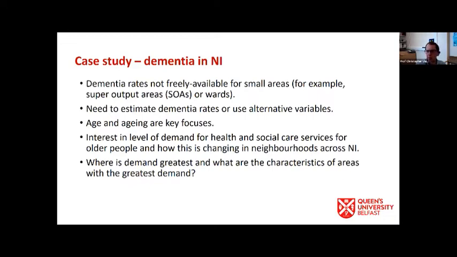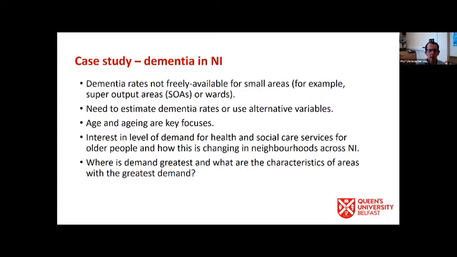So these sorts of areas, or wards, or census tracts, or other units that are used in different places, but that's what we mean by small areas. So because we don't have these data, and I'll come into what we do have a little bit later on, we need to estimate dementia rates, or use some proxy for dementia rates that we could use to better understand the geography.